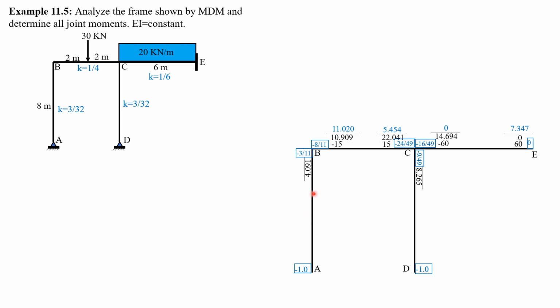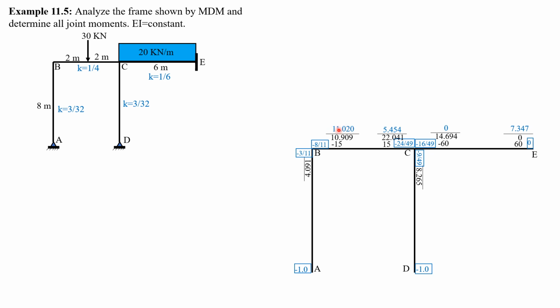So take note that this is the distributed moment from this joint, not the unbalanced moment, and should be distributed here. So this will no longer receive moments. Anyway, the final moments at A and D are expectedly 0. So 11.02, the blue ones are the new unbalanced moments.